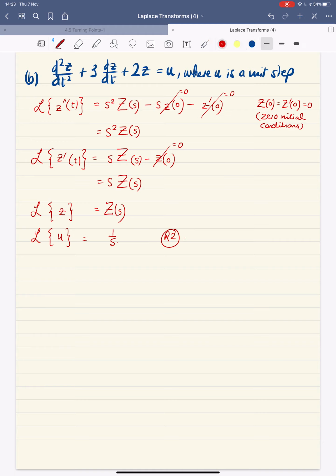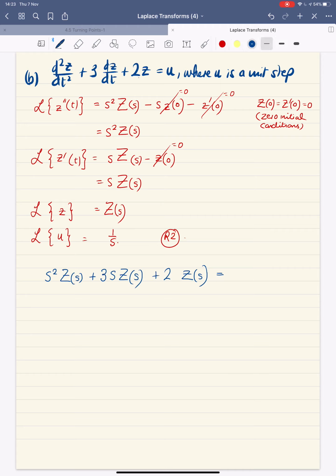So we substitute all these in. We get s squared Z(s) for this one here, and then 3 times this one, so plus 3s Z(s), and then 2 of this next one, so plus 2 Z(s) equals, we didn't really need those brackets, let's take those out, so it doesn't look messy.